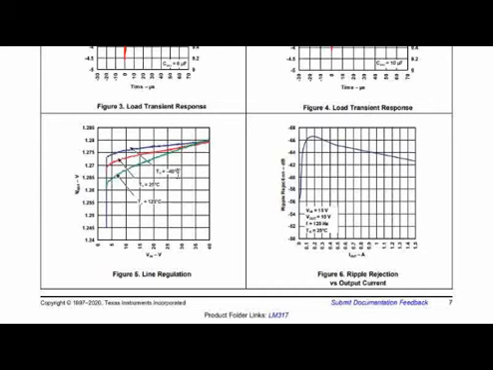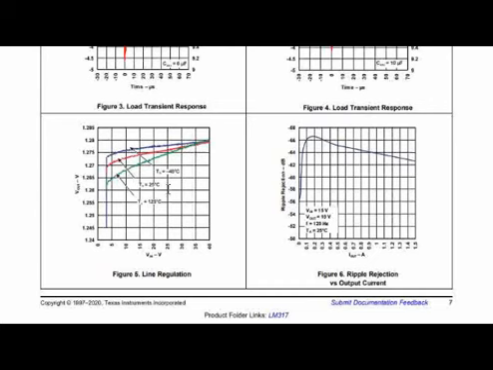For example, at room temperature, the output voltage variation for a change in input voltage is lesser, which means the line regulation is good. But when we go to 125 degrees, you can see the output voltage has varied a lot over a range.